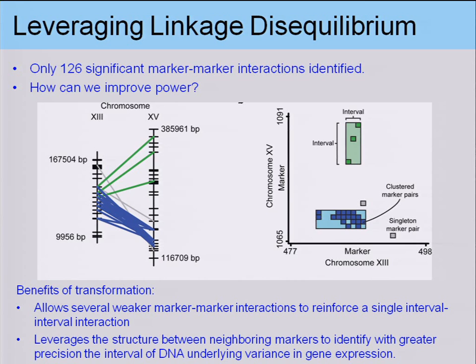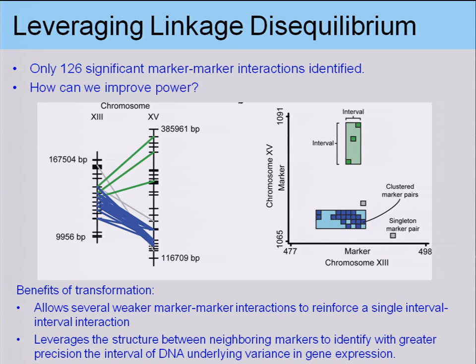We are just identifying stretches or intervals of DNA, but how do you map a marker to genes? A favorite method is to look at all genes up to some number of base pairs away, but that's kind of arbitrary. So we thought that by defining a strict interval, we can narrow down the interval of DNA underlying the variance in this case.